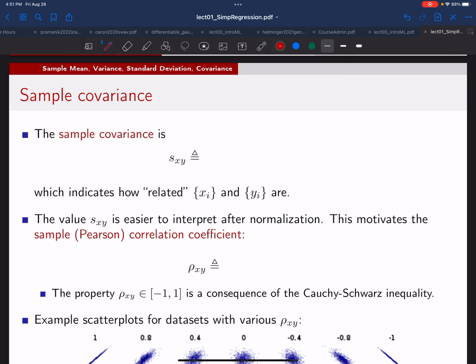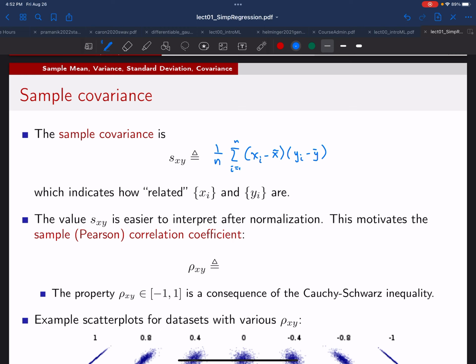This quantity looks a lot like variance, except it involves both x and y. Similar to variance, we have to subtract the sample mean. So you take xi, you remove its mean, and you take yi and remove its mean. You multiply those quantities together, and you average that over your data set.